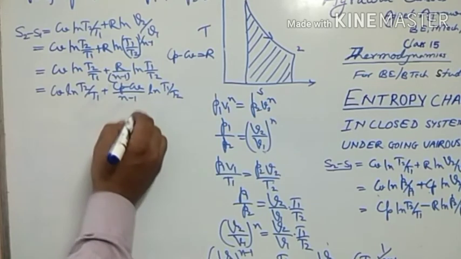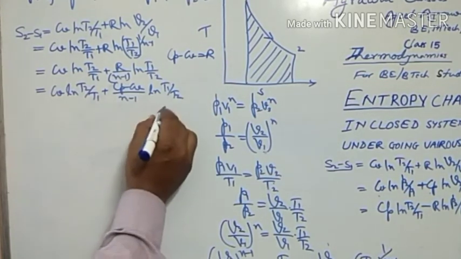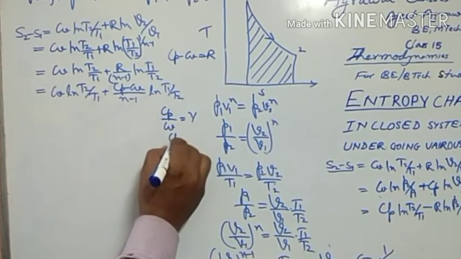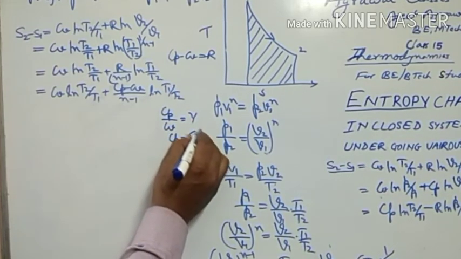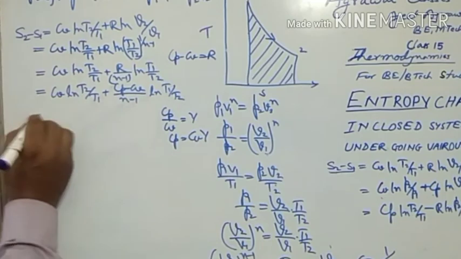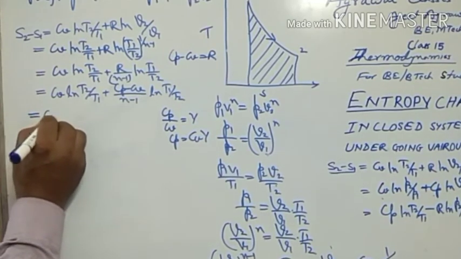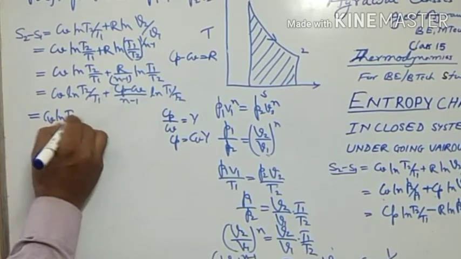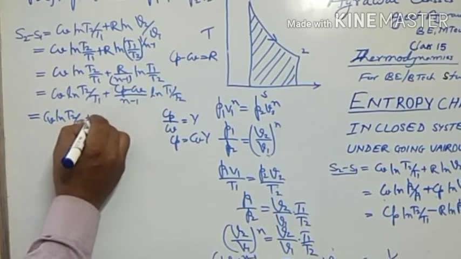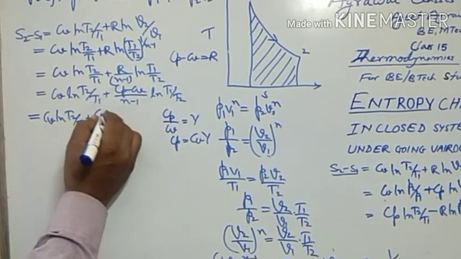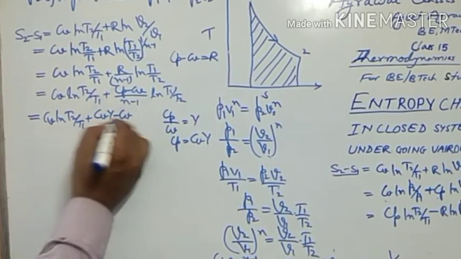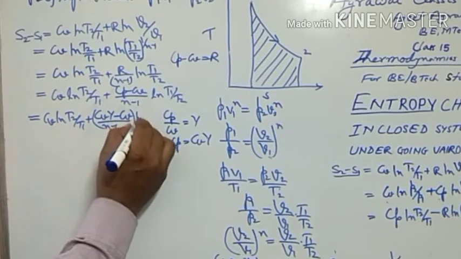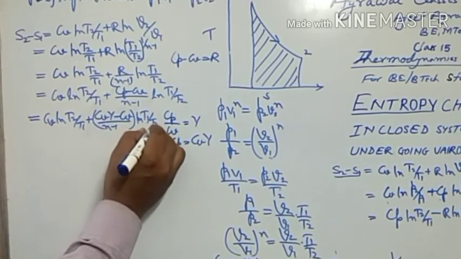Then this Cp can be replaced by Cv, as Cp upon Cv equals gamma. So Cp can be replaced as Cv into gamma. So we'll substitute here Cv log of T2 by T1 plus Cv gamma minus Cv upon n minus 1 into log of T1 upon T2.